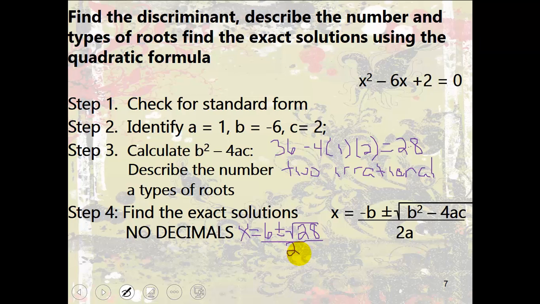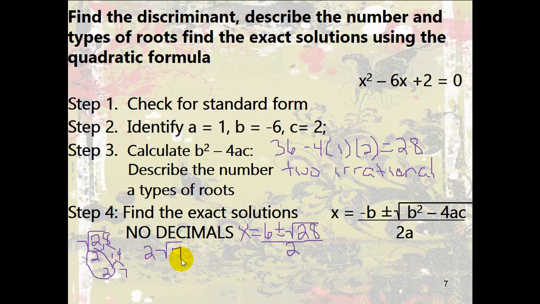Okay? Now we're going to go off to the side and we're going to simplify the square root of 28, and that is 2 and 14 and 2 and 7. And so we're going to take out this double occurrence of 2 and bring it out in front as 2, and then we're going to keep the 7 under the radical.